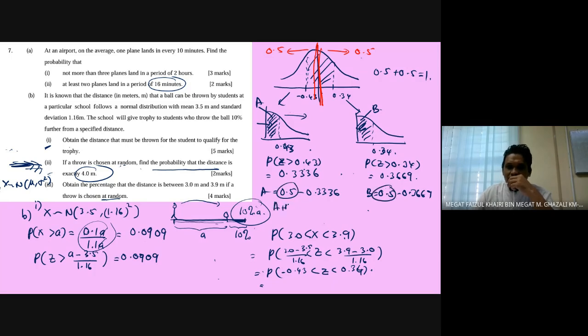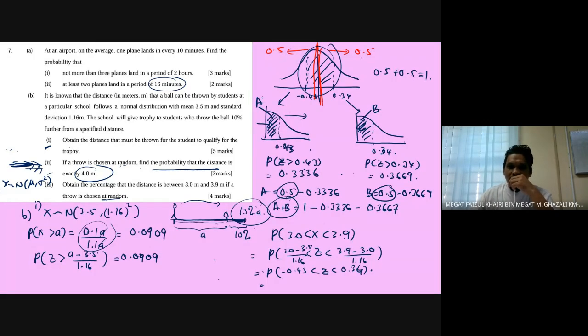So A plus B equal to 1 minus 0.3336 minus 0.3669. A and B is all here.